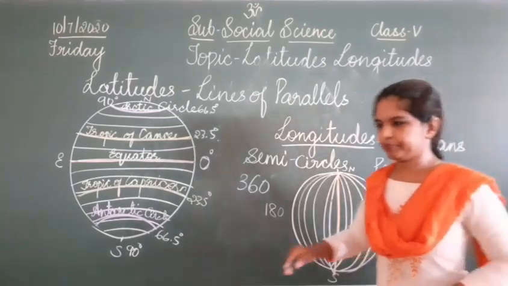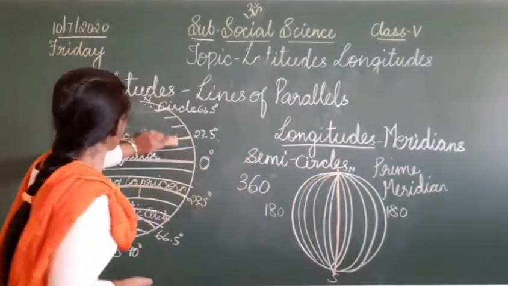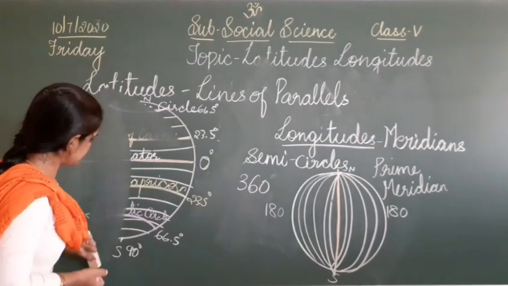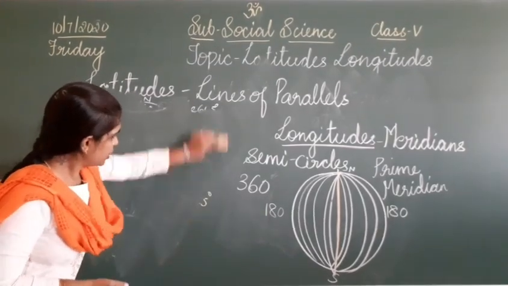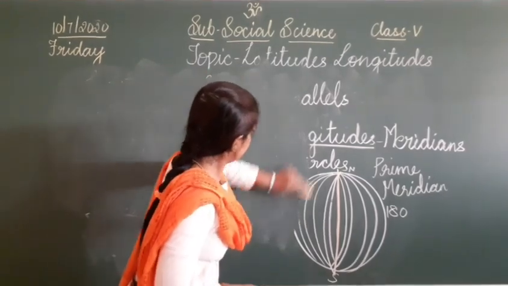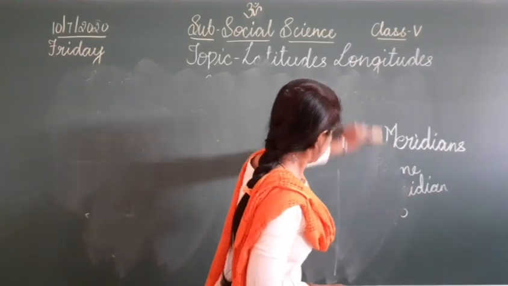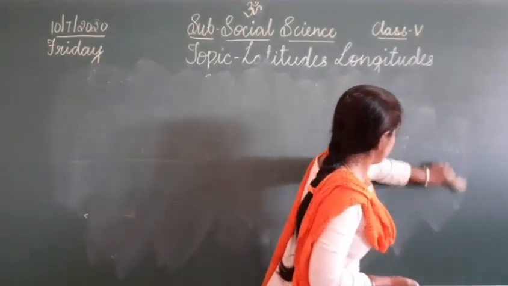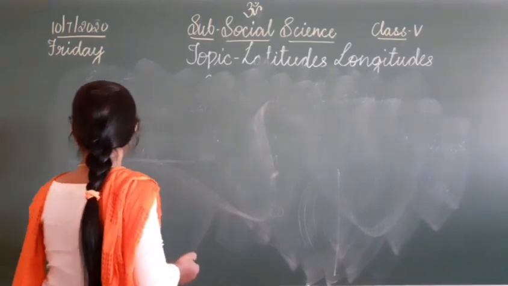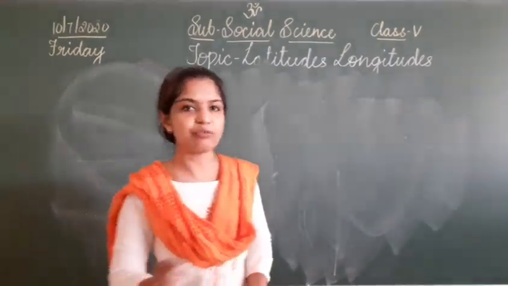Now, together, latitudes and longitudes are helping us to understand something else. Individually, they help us to locate the heat zones and they help us to decide the time of a place.